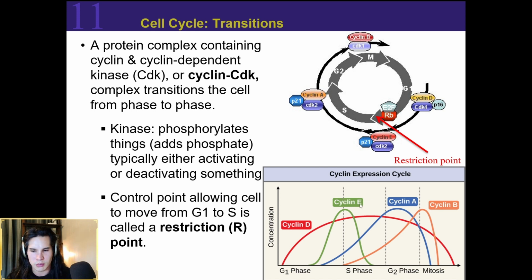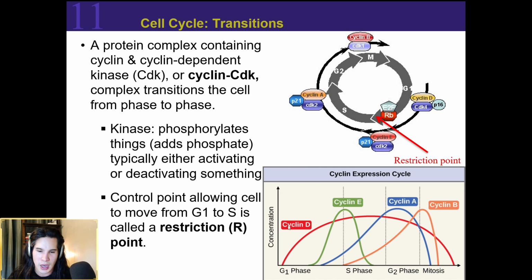So cyclin E binds to its counterpart and activates it, initiating a signal transduction pathway in order to express cyclin A. Cyclin A is another protein that will bind to its CDK, creating that complex and initiating a signal transduction pathway that would eventually lead to the expression of cyclin B.